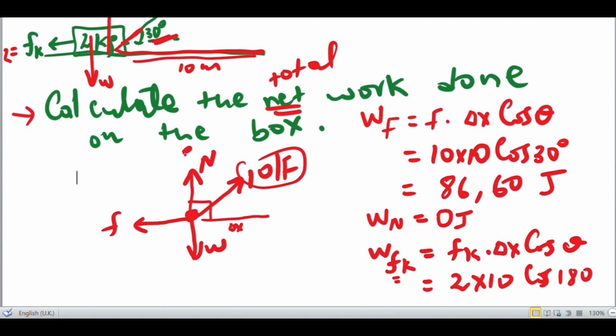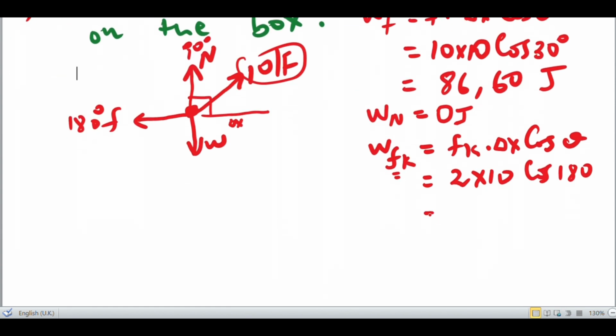So here is always 90, then here is always 180 degrees, right? Then let's calculate. We are going to get negative 20 joules. Then we calculate the work done by the weight. The work done by weight is the weight, which was 19,6. Delta x is 10.